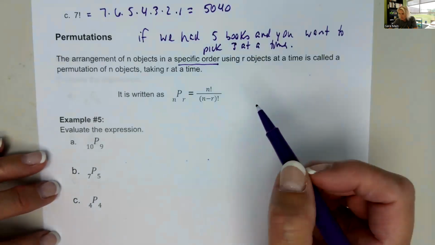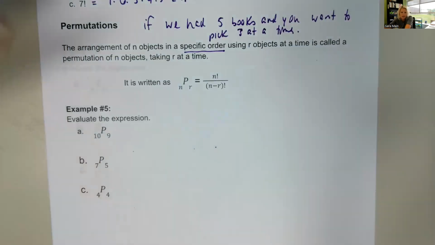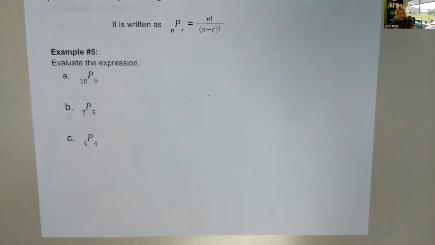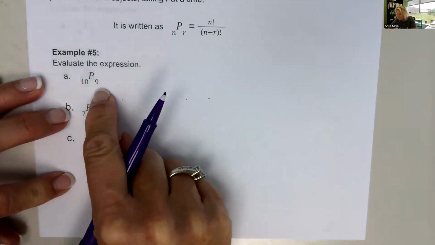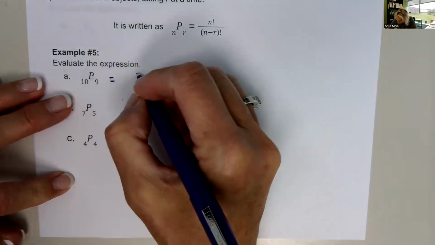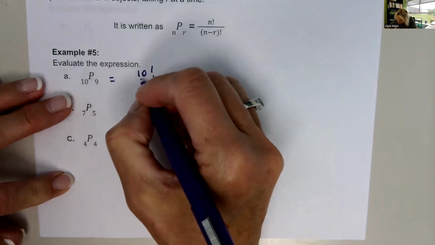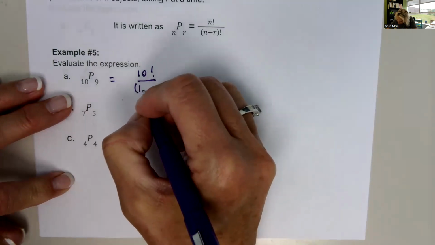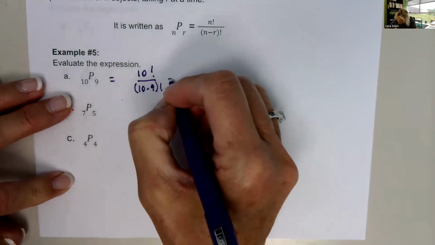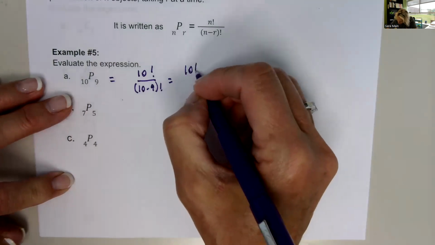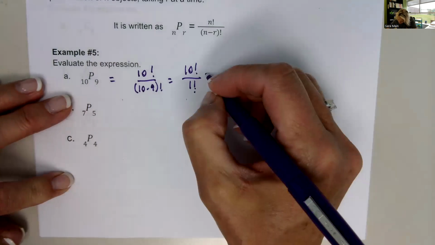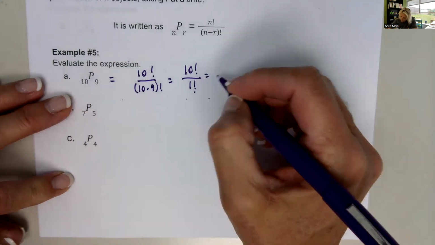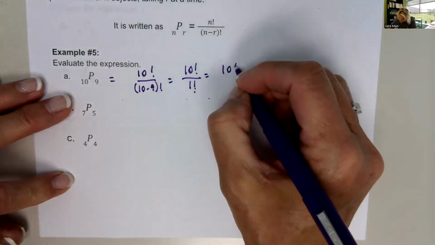But the great thing is there is a command we can use, and I'll show you in a minute. So let's write one out. 10 permutating 9 is 10 factorial over 10 minus 9 factorial, which is 10 factorial over 1 factorial. And 1 factorial is just 1, so it's really just 10 factorial.